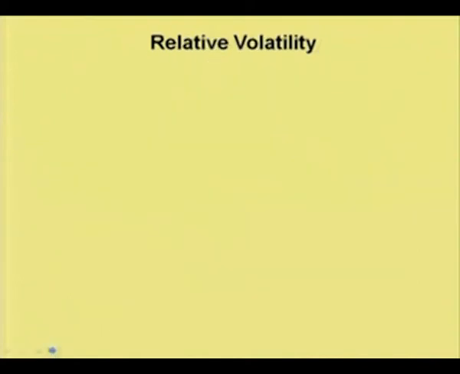Now, we will discuss the relative volatility. The greater the distance between the equilibrium curve and the diagonal, the greater the difference in the liquid and vapor composition, and the easier to separate by distillation.